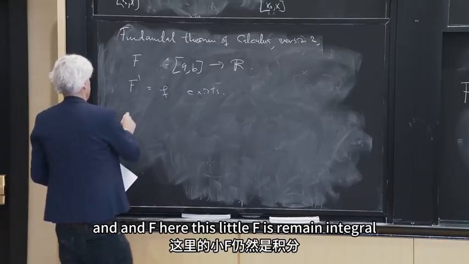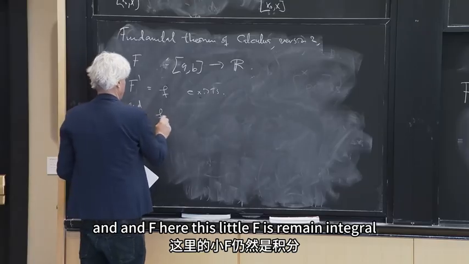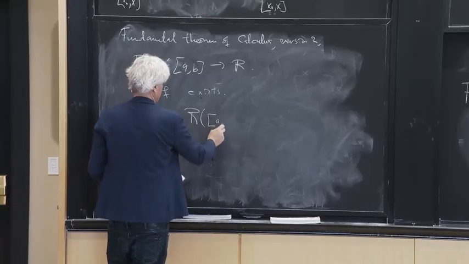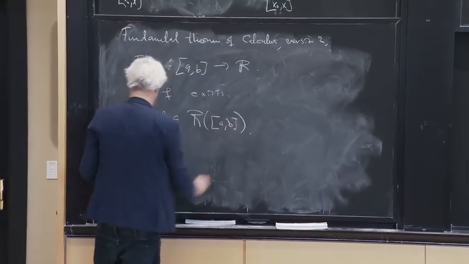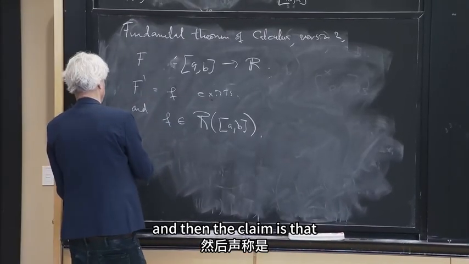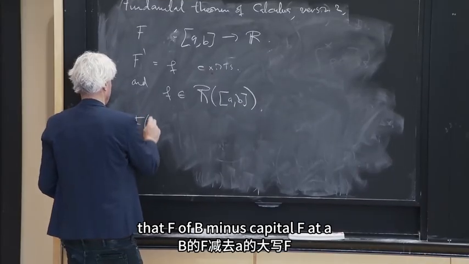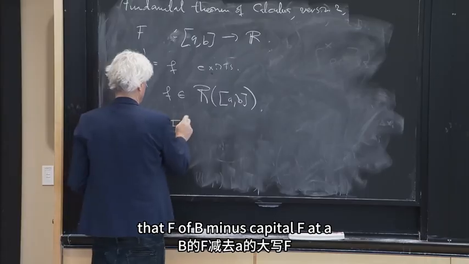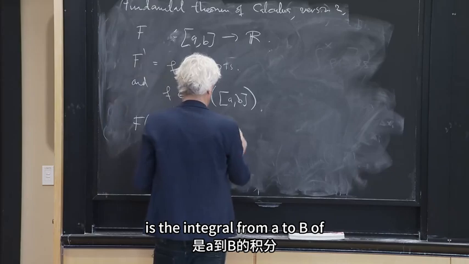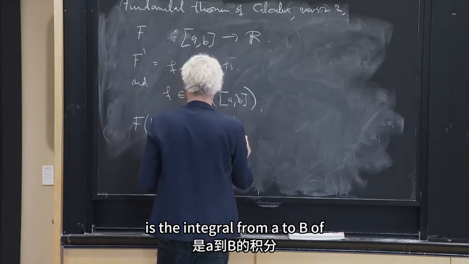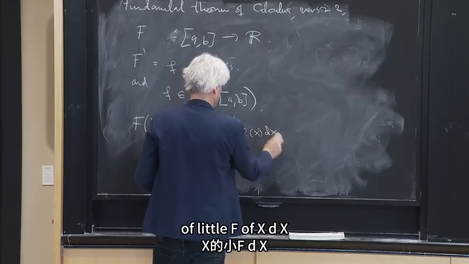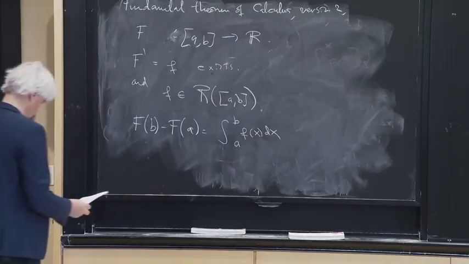And this little f is Riemann integrable. And then the claim is that capital F of b minus capital F at a is the integral from a to b of little f of x dx. Okay, so that's the claim.